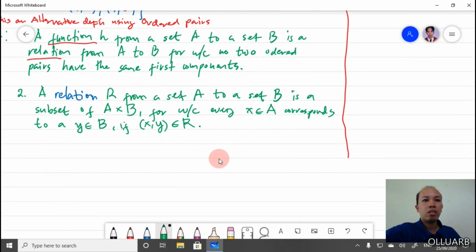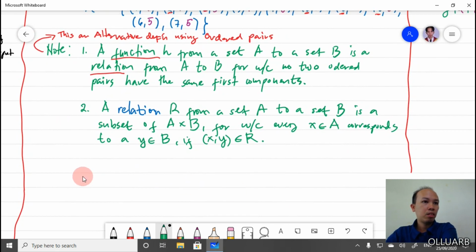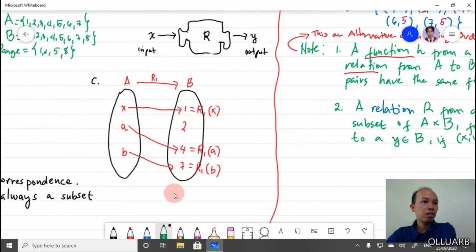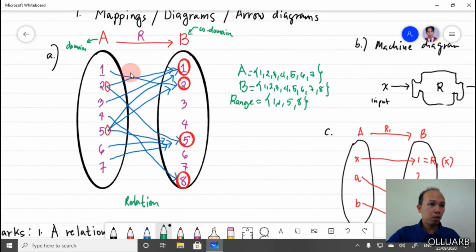Okay, so let's have a quick illustration. Let's use our previous example. We will use this example to visualize and explain the definition of relation and functions using ordered pairs.